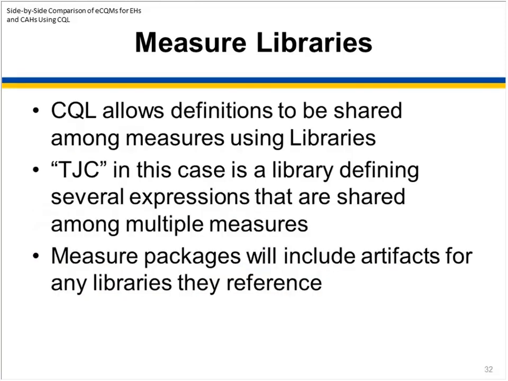So because it's defined within a library, that allows the definitions to be shared among measures using those libraries. So this particular TJC library defines several expressions that are used not only in this stroke measure, but in other stroke measures that share the same logic. With the QDM-based versions of these measures, that information was duplicated within each measure definition. And note, again, that the measure packages would include artifacts for any libraries they reference.